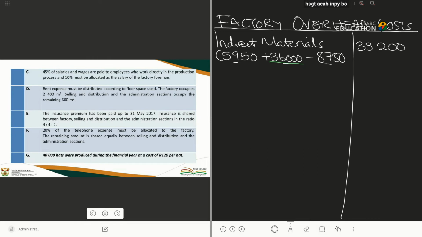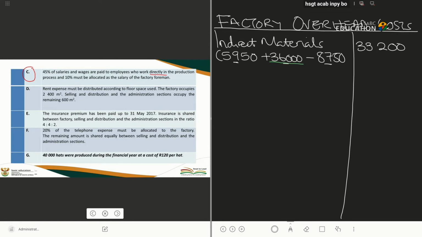Oh yes, they did say something. Information C. What did they say on information C? They said 45% of salaries and wages are paid to employees who work directly. Here's the keyword, directly. So directly, it is the touch labor, the people who are working directly on the product.